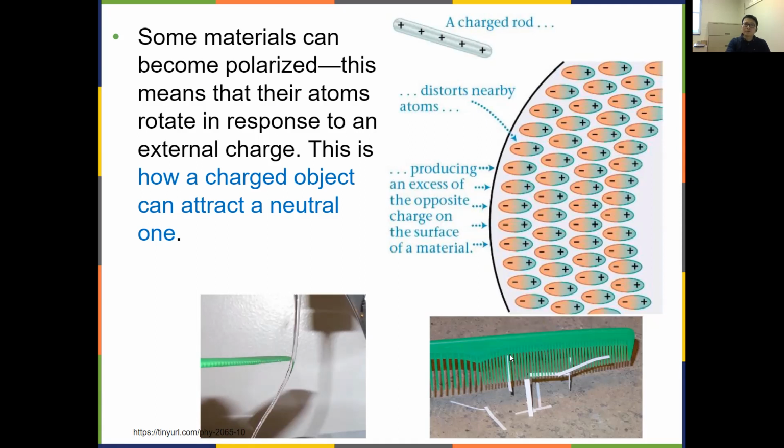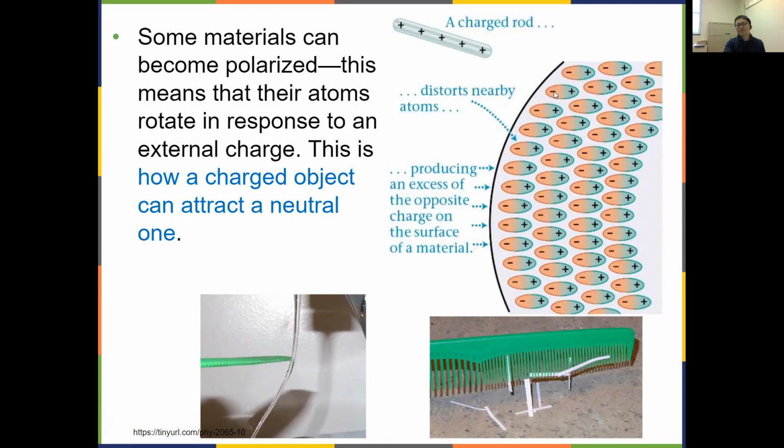That's because when the comb is charged, let's say positively, and approaches the small particles, the molecules, or atoms, inside the paper or the water will reorient.